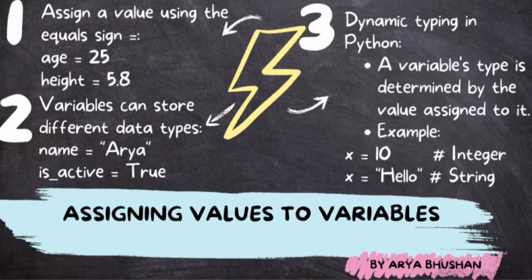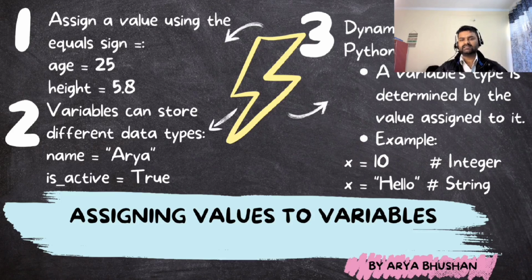Assigning a value to a variable is simple. You can assign any data type to a variable. Python uses dynamic typing, so the type is determined by the value. For example, here we can see that x is assigned the value 10 and also x is assigned the value hello.